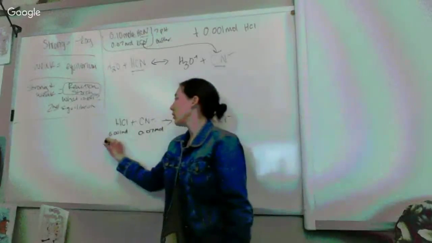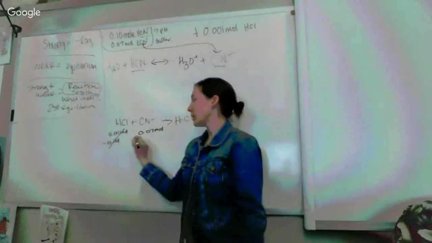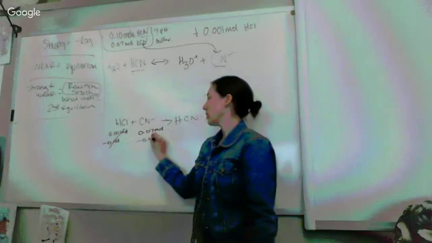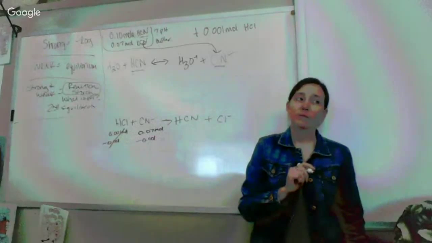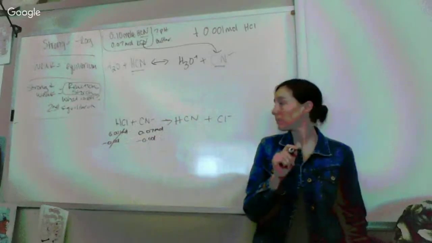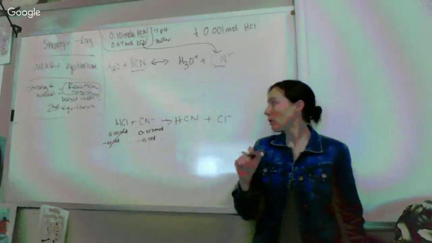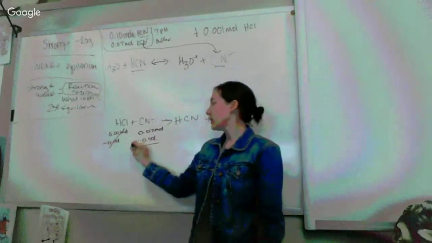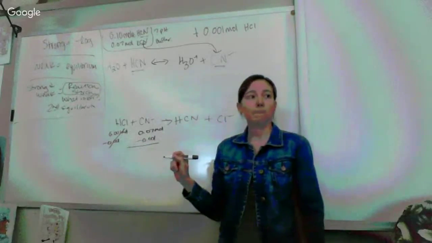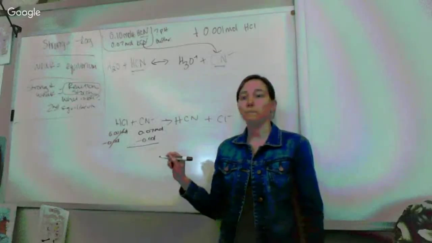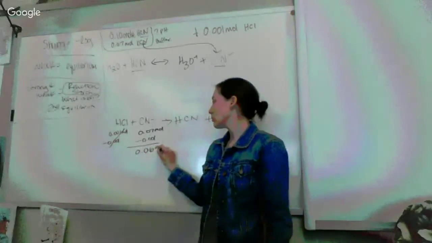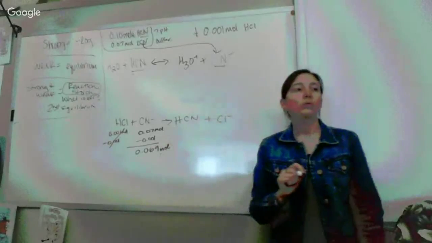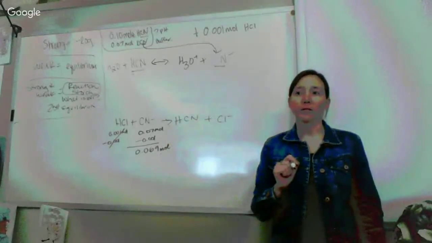So all my HCl is going to react, and I'm going to react 0.001 moles of CN minus because that's going to combine with my HCl. So now how much CN minus will I have left? And then what other changes will occur because of this?